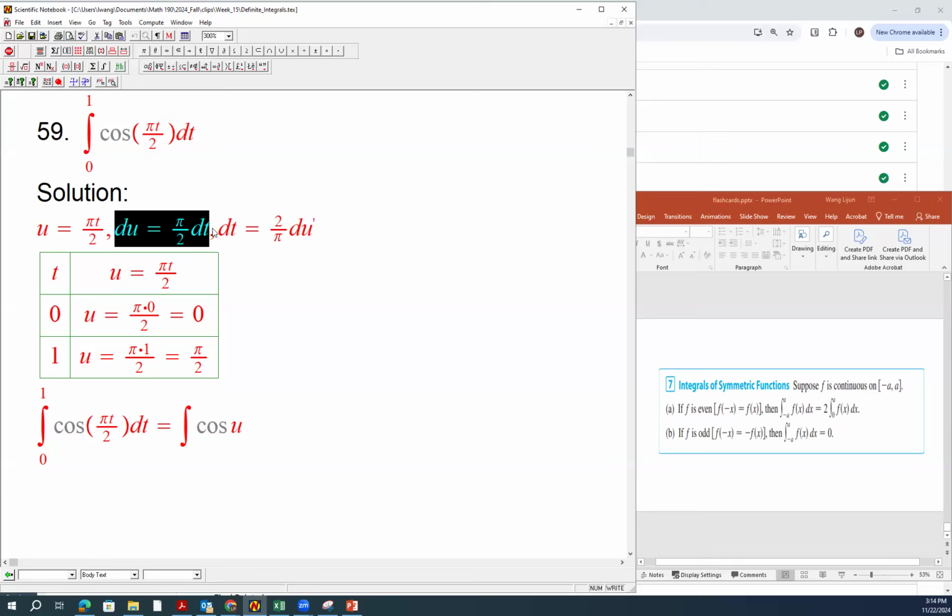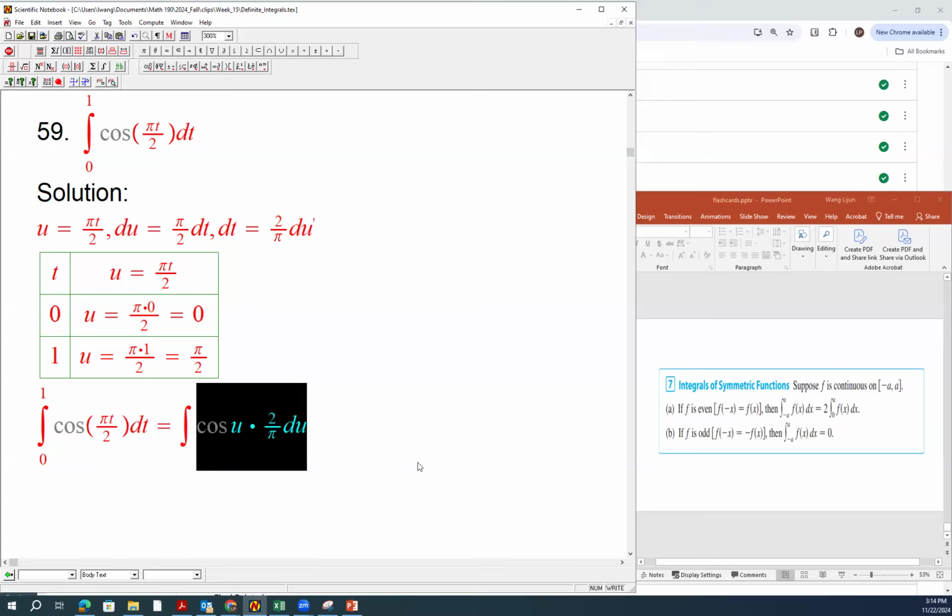We multiply both sides by 2 over pi, the reciprocal of pi over 2, so that's how we get dt. So cosine of pi t over 2, where pi t over 2 is u, and dt will be substituted by 2 over pi du. So the integrand is completely substituted.